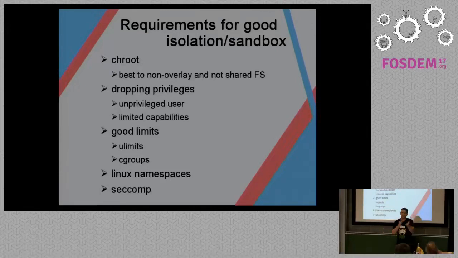When you're using it, try to chroot in a directory that is not an overlay file system, because most of the security issues with chroot were caused by a faulty file system. I mean, the code had a bug in the file system, or usually a problem with the configuration of the overlay file system. And overlays are used in Docker, runC, and most of these applications.